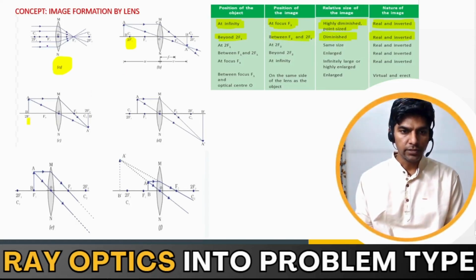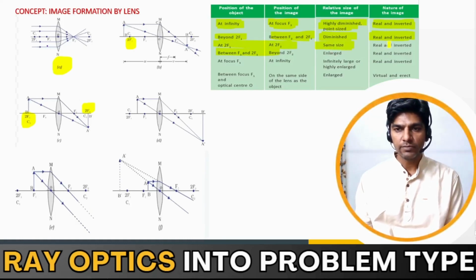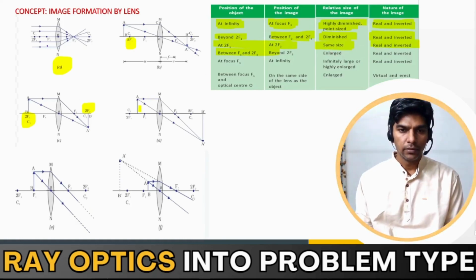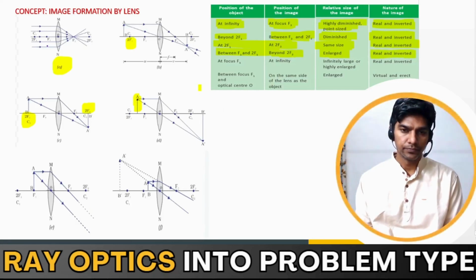Now if the object is placed at the center of curvature, or at 2f, the image will be formed at 2f only, and it will be of the same size, real and inverted. Now if the object is placed between 2f and f, the image will be formed beyond 2f, and it will be enlarged, real and inverted. Now if the object is placed at the focus, the image will be formed at infinity.